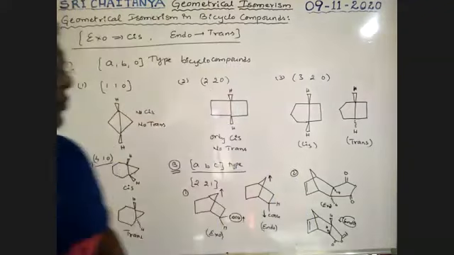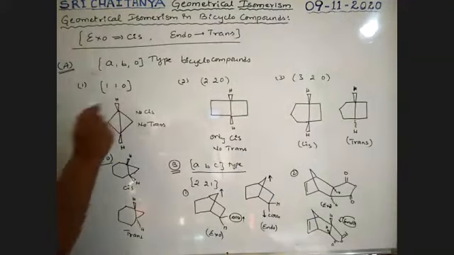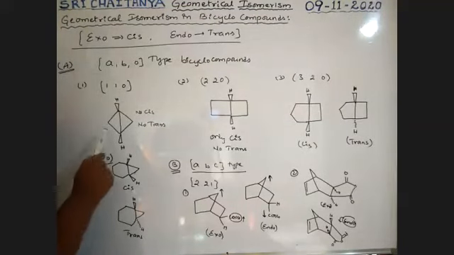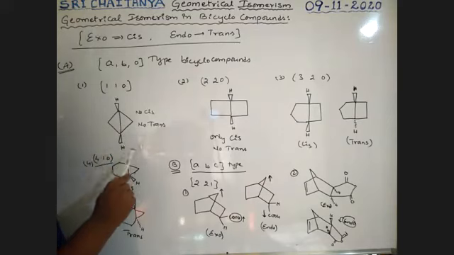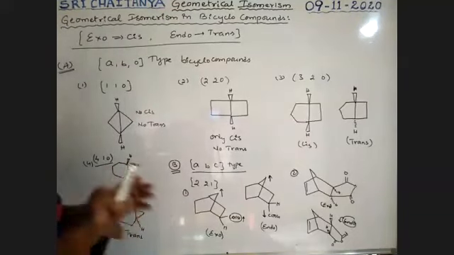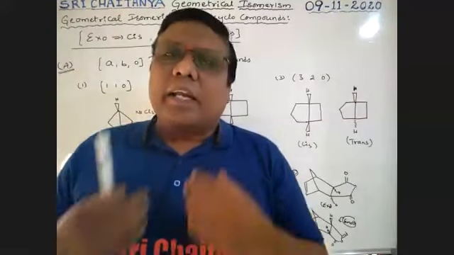See here, it is a 110 system. That means one carbon, one carbon, and no carbon between the two bridgehead carbons. Therefore it is a 1-1 system, boys. However you turn this compound, it is always the identical compound.